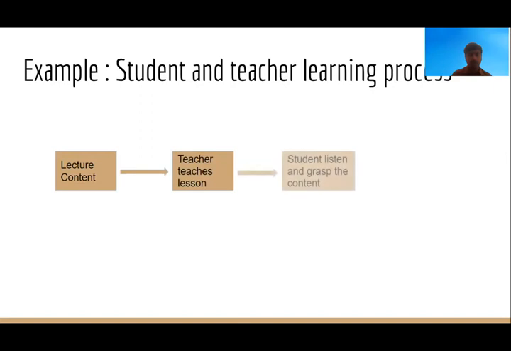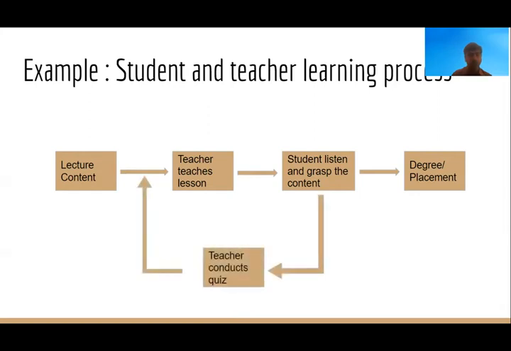The student listens to the lesson and grasps the content. Finally, after completing the course, he will get a degree and placement. But the quality of the degree and getting the placement depends on the performance of the student. So the performance of the student is periodically monitored by the teacher by conducting quizzes.